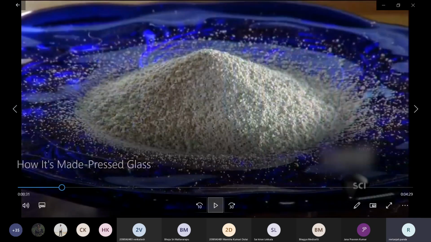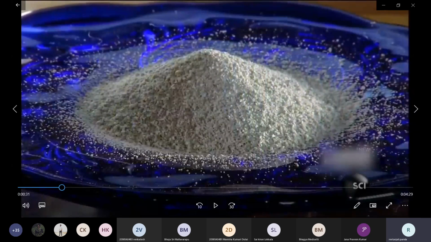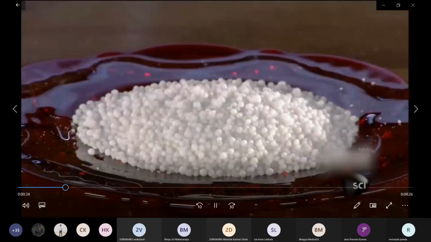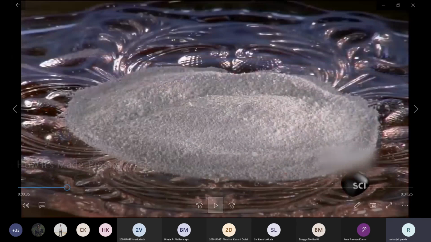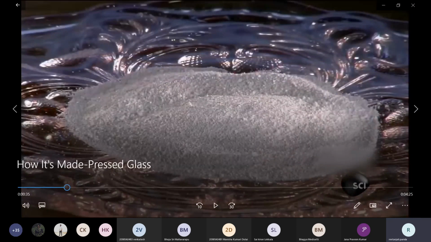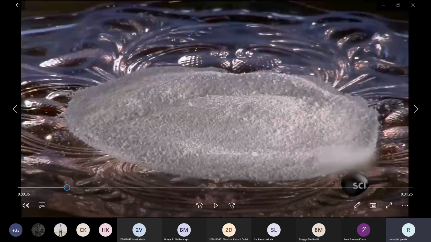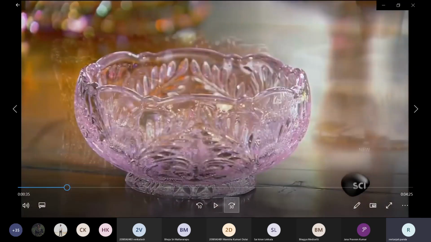This one is your soda ash. What I told you here is, for soda Na2O, we are using the soda ash. So this is the powder form of the soda ash we are taking here. Okay, so this one is your limestone, the powder form of the limestone, and this one is your sodium nitrate.